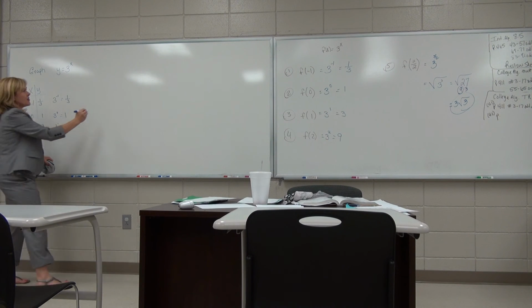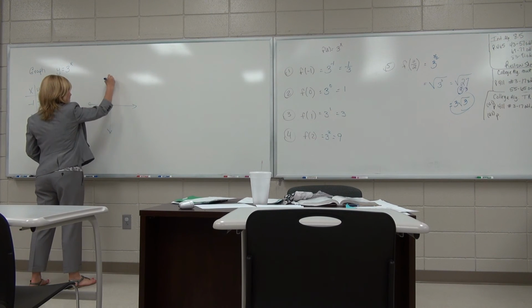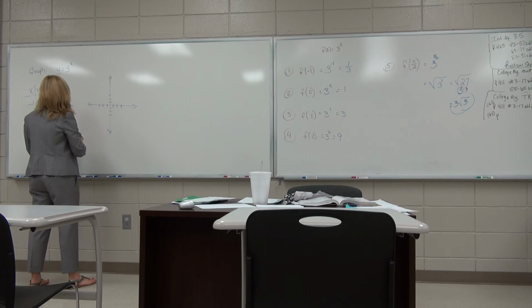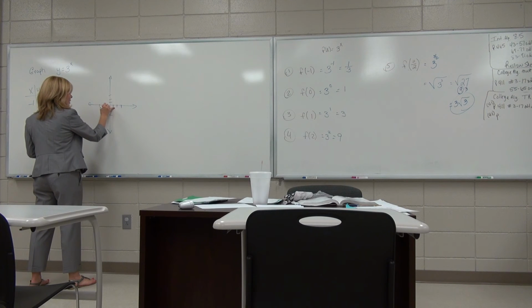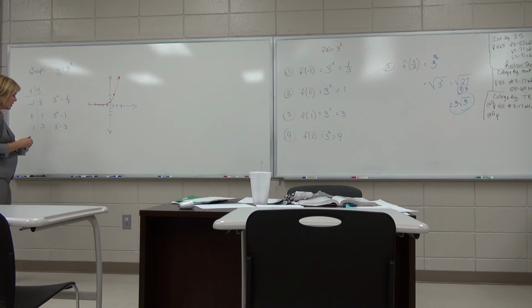So when I go to graph and plot these points, I've got the point -1, 1/3. I've got the point 0, 1, and the point 1, 3. This is what this graph will look like.